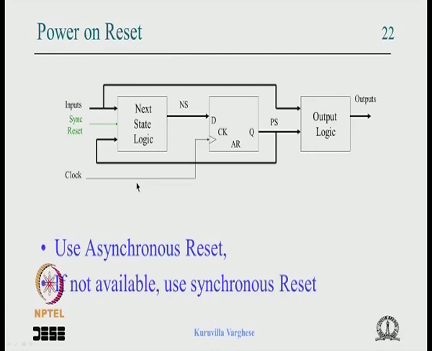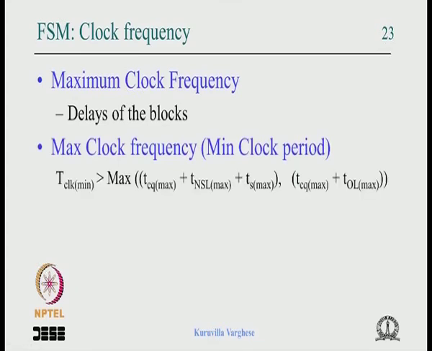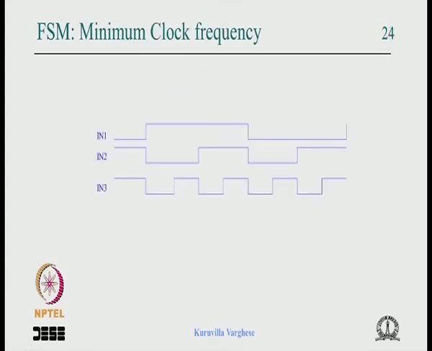So the question is: what is the minimum we can do? Given the data path, what is the minimum clock frequency we can choose? That was the question. To illustrate, I have put a simple picture there.